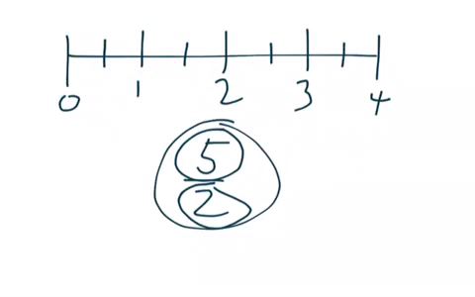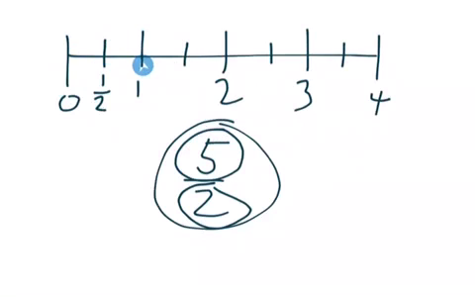And each one of these is a section: 1 section, 2 sections, 3 sections, 4 sections, 5 sections. We're looking for the 5th piece, or the 5th section. So we count it off. We start at 0, 1, so this would be 1/2. And then we go to the next one.